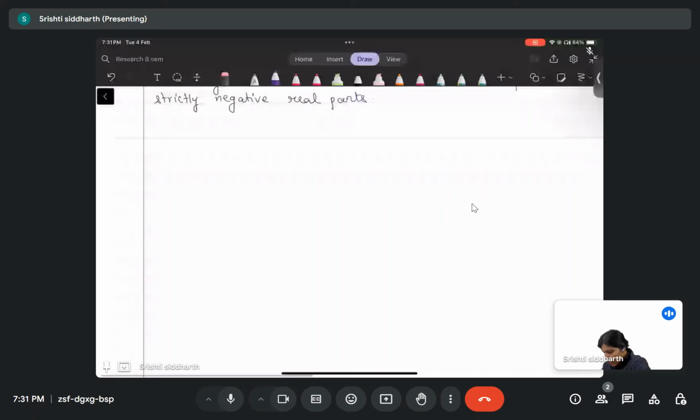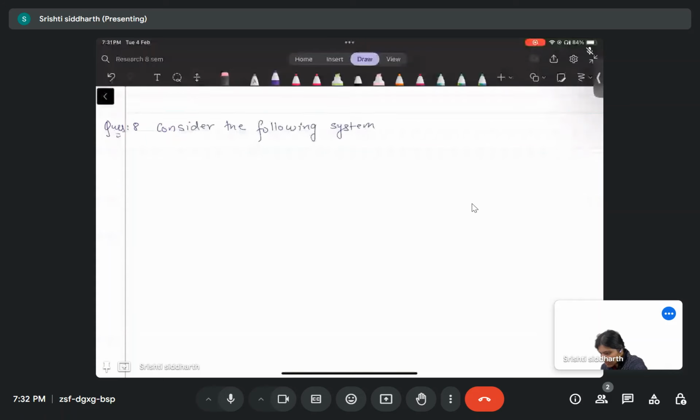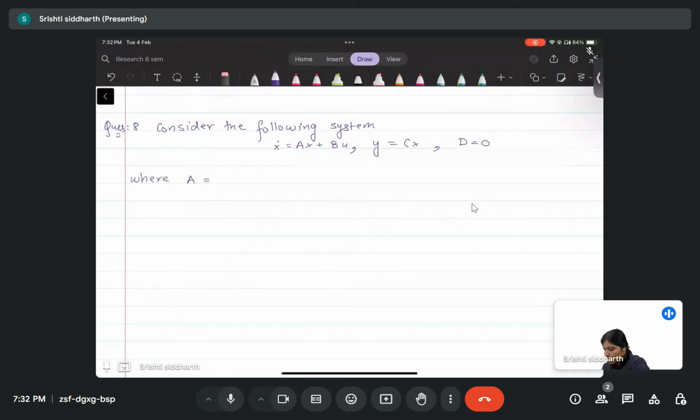So consider the following system. A is minus 2 0 0, 0 0 1, and 0 0 0.